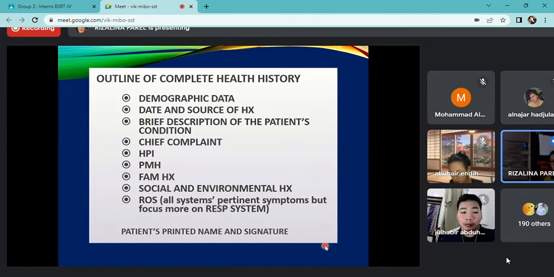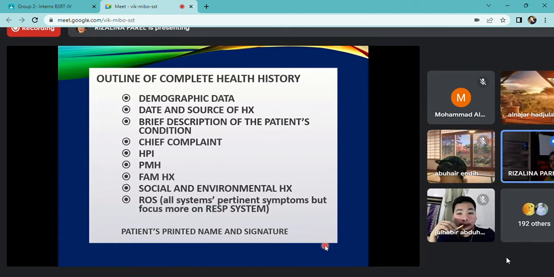Yung kanyang race, nationality, marital status, religion, nandiyan na rin yung occupation niya, nakalagay sa demographic data, and source of referral, kung referred by ganitong doctor or referred from this unit to the next unit. So, nandun yon. And of course, nandyan yung date and source of history kung sino yung na-interview during the patient's admission. And then followed by brief description of the patient's condition.